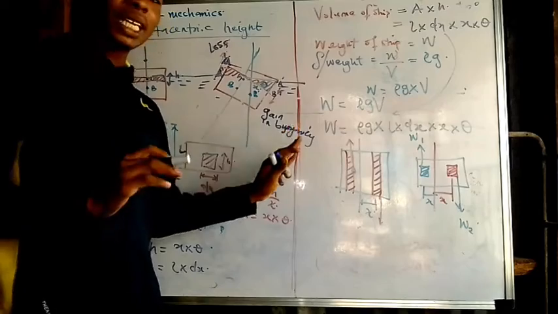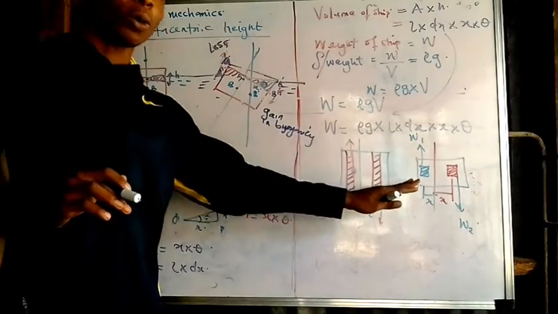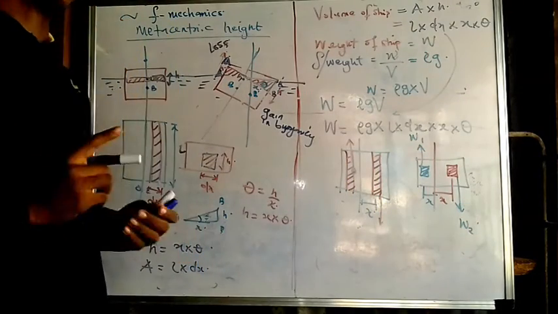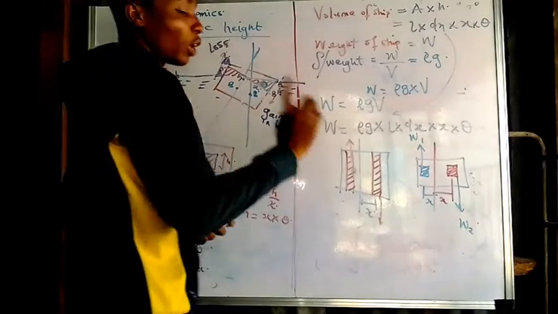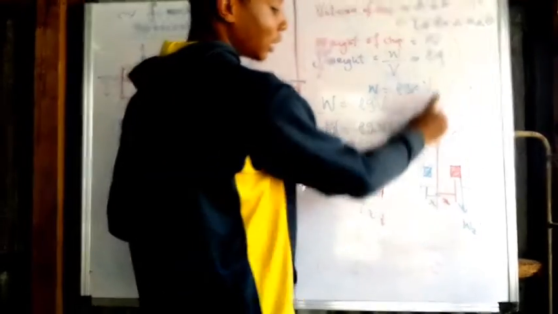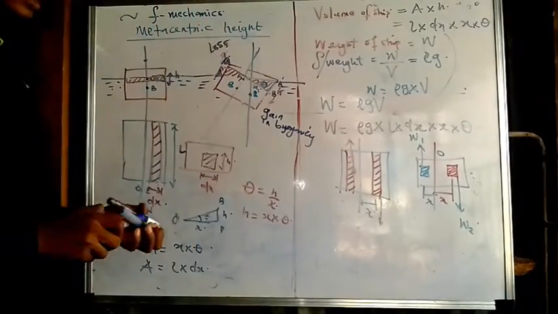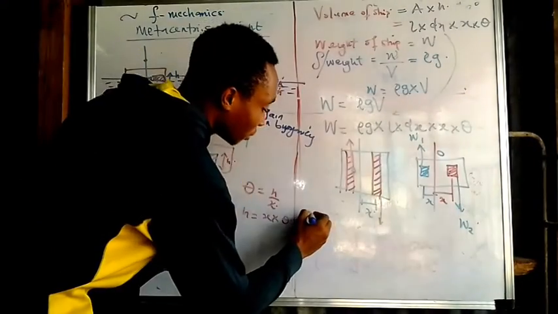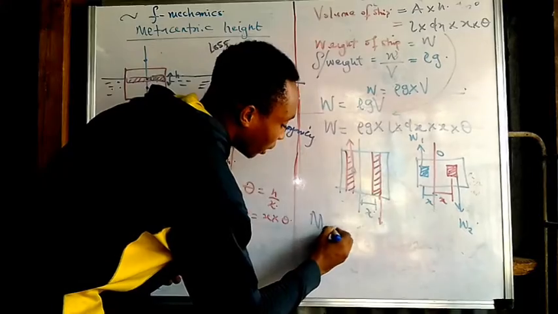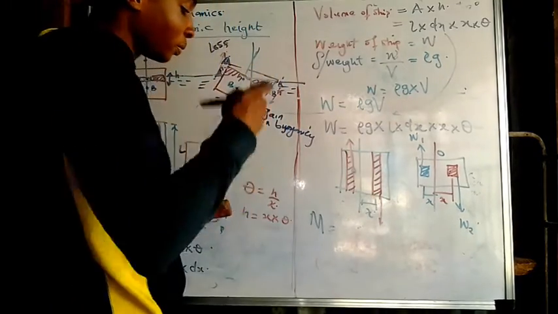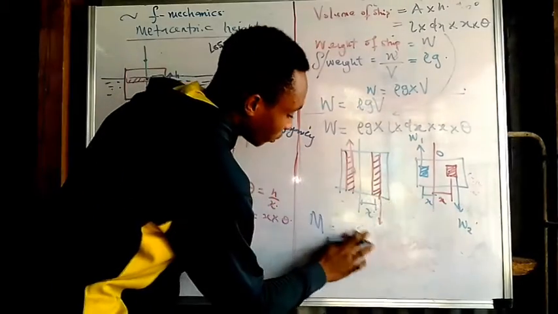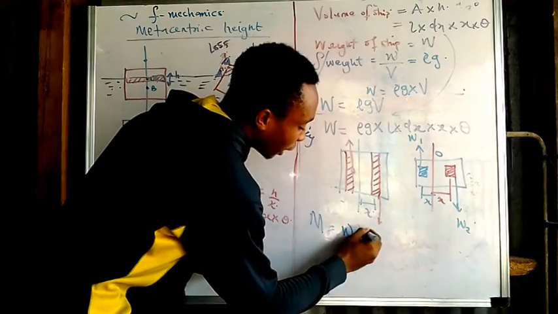So now we're going to take the moment formed by one particular weight of a strip. Let's take moment towards the center line O. Taking moment M of the weight of the strip towards the center line O, M will be equal to the weight of the strip times x.